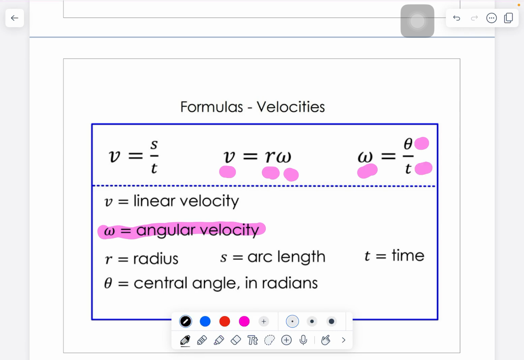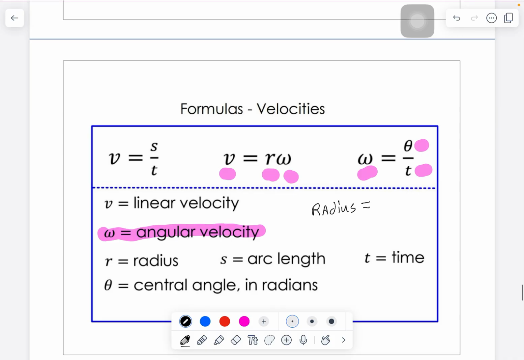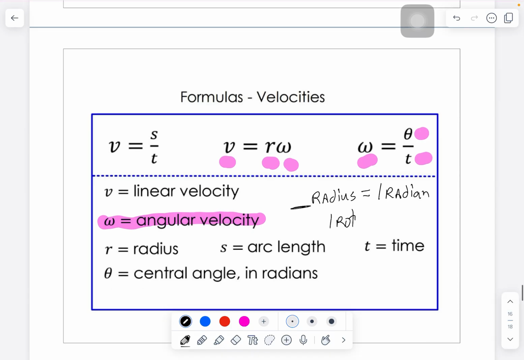Some things to note: a radius is equal to 1 radian, meaning whatever the distance of the radius was on that particular circle. And one rotation around the circle works out to be 2 pi radians.